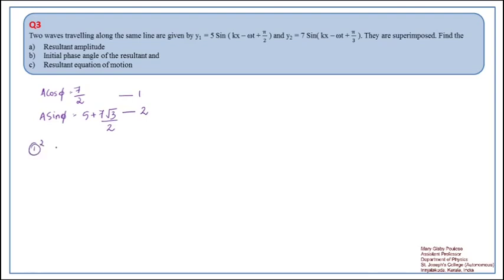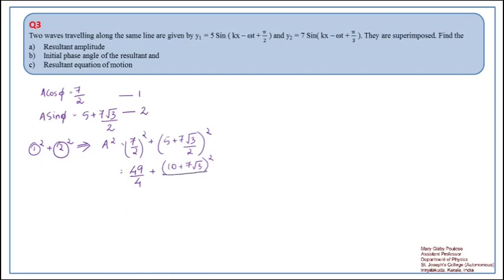Squaring these two equations and taking the sum, we get A squared is equal to (7/2) squared plus (5 + 7 root 3/2) squared. Now calculating it, 49/4 plus (10 + 7 root 3) squared by 4.